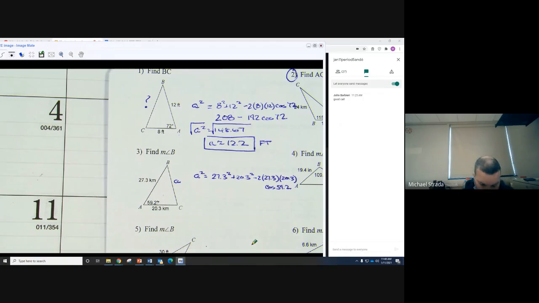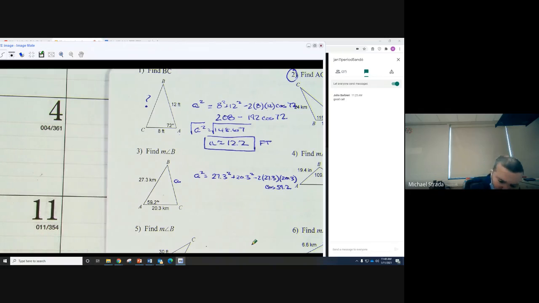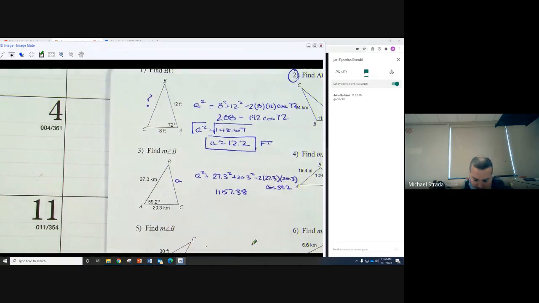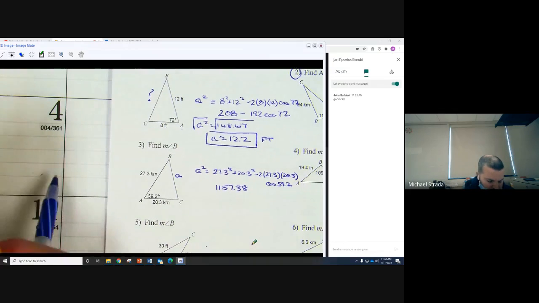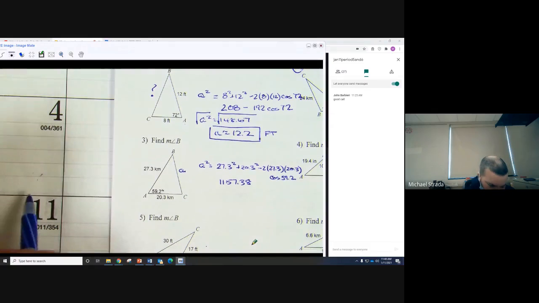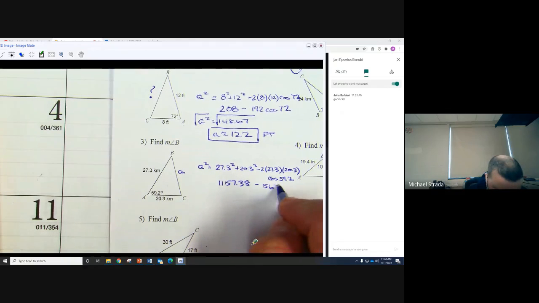All right? When I do this math, 27.3 squared plus 20.3 squared comes out to 1157.38. When I do this math, 2 times 27.3 times 20.3 cosine 59.2, I get 567.54.